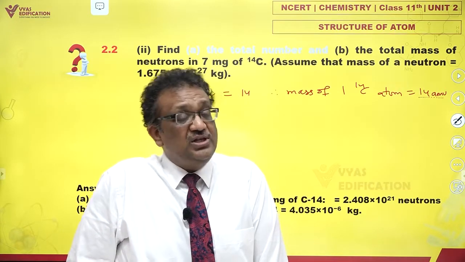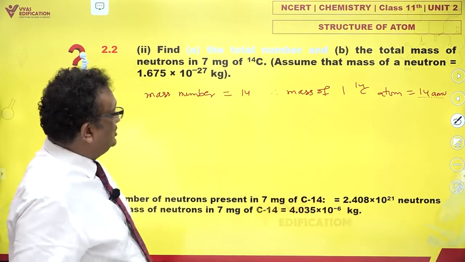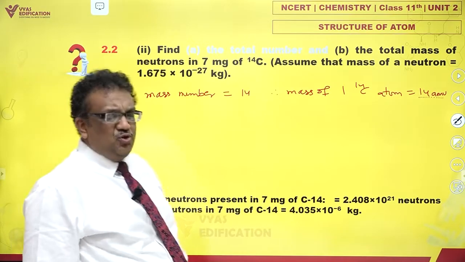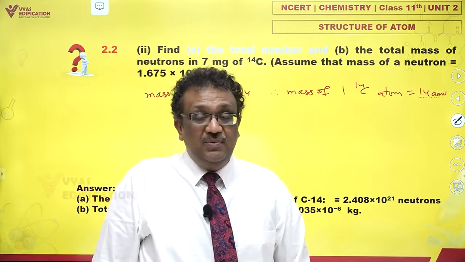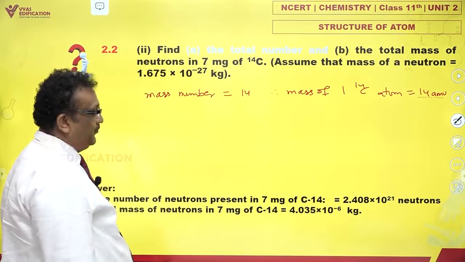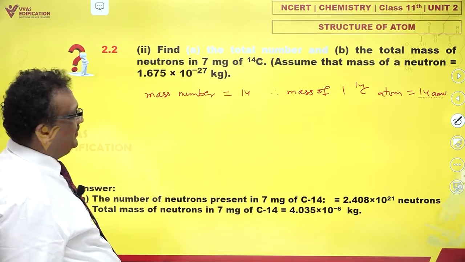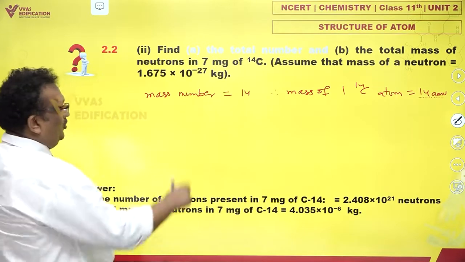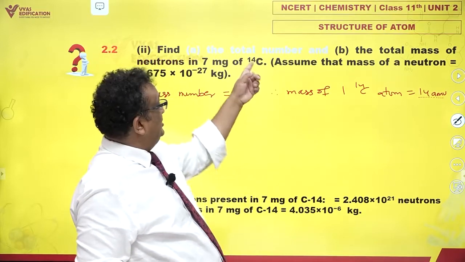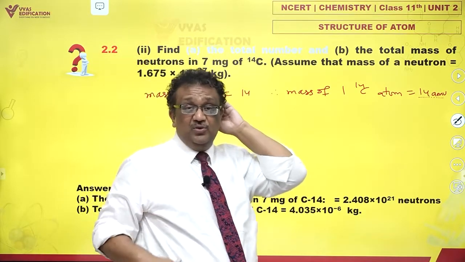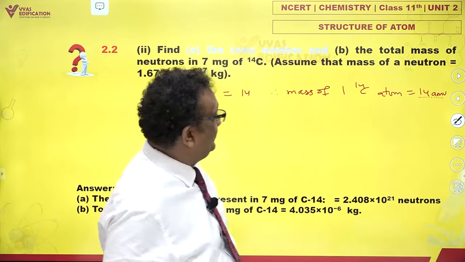Electrons are negligible, so essentially this is the mass of neutrons plus protons. If I may be so bold and a little approximate, I could say that out of 14 AMU, the mass of neutrons is 8, because we calculated it as 6 protons and 8 neutrons.